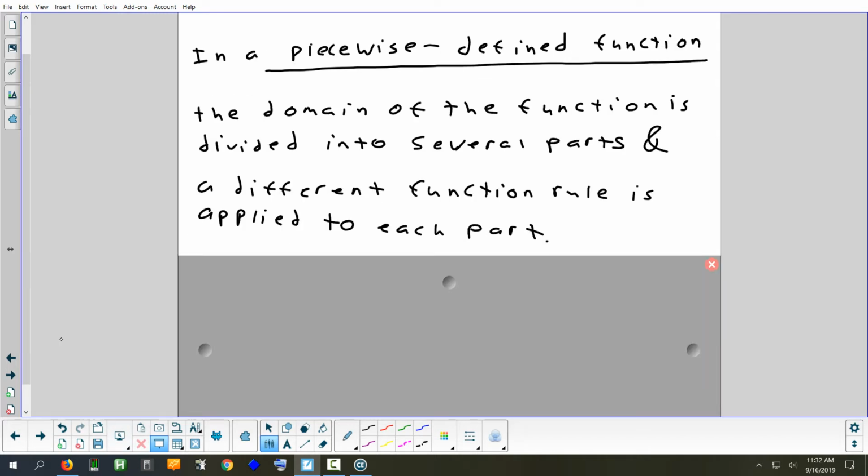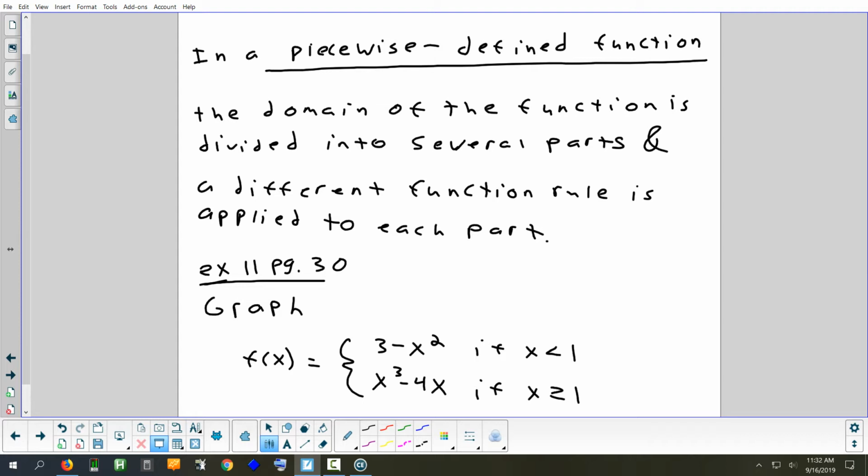So here is an example of what a piecewise defined function looks like. It says f of x equals, and notice there's not just one formula, there's 2. Which one do you use then? Well, they tell you. If you give me a number less than 1, I'm going to use the top formula to get the answer. If you give me a number greater than or equal to 1, I'm going to use the bottom formula.